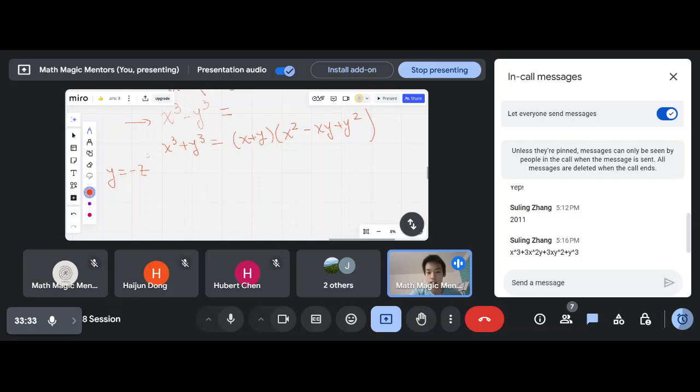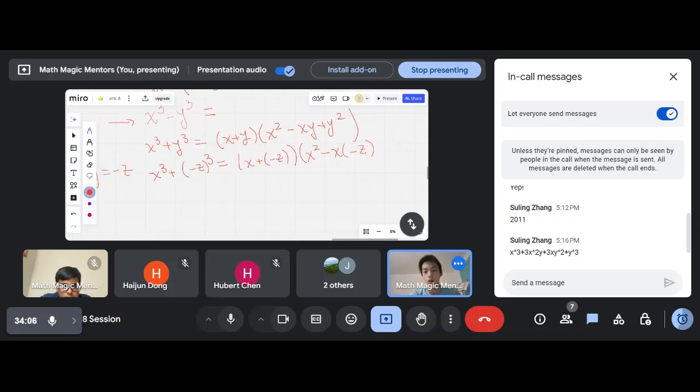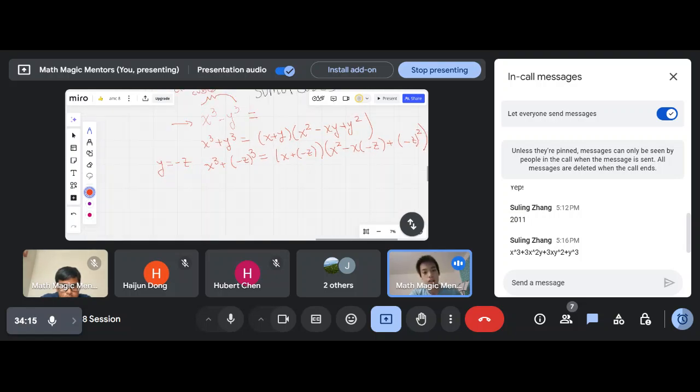So let's substitute our new variable negative z in for y. So when we do that, we get x cubed plus y, which is negative z cubed, equals x plus y, so which is just plus negative z, times x squared minus x times negative z, because we're substituting negative z in for y, and negative z squared at the end of the expression.